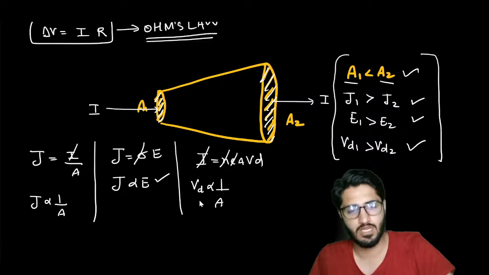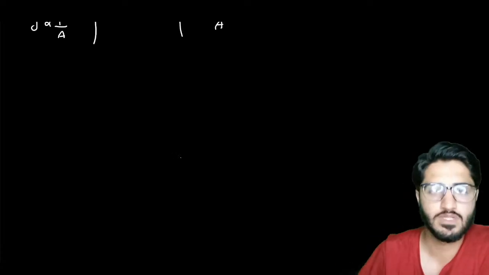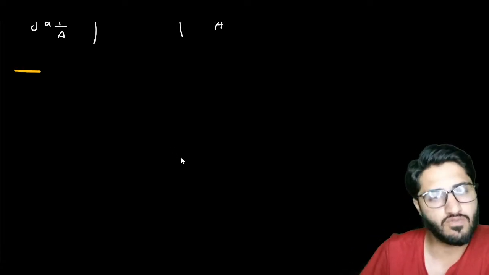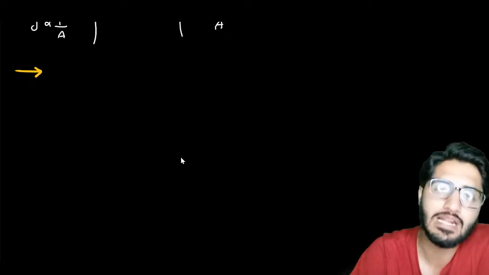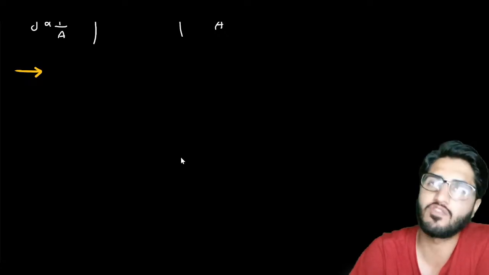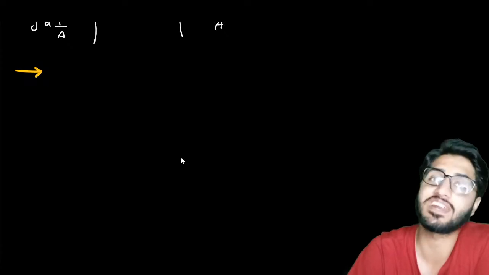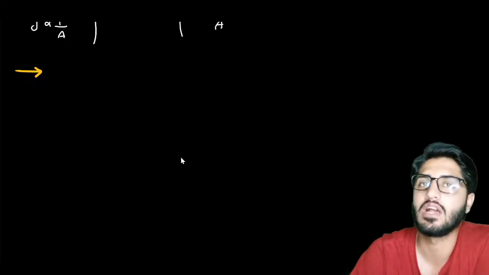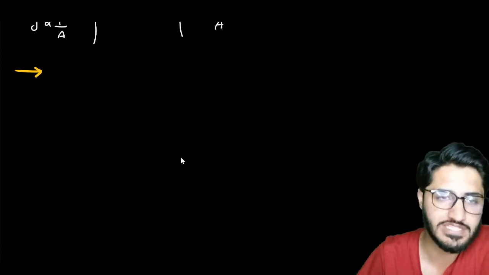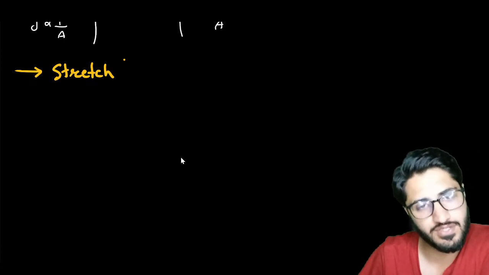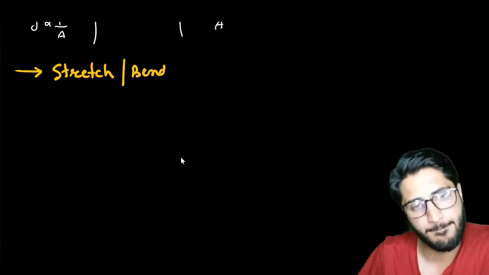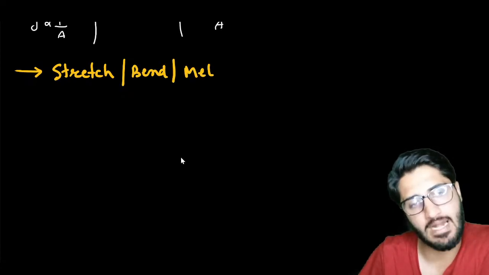Let us do one last part of today's class, then we can end the class. Okay? Suppose in some numericals we find we had a conductor, then we melt it and reshape it, or we bend the conductor, or we stretch the conductor, or we compress the conductor. In all cases, what do we need to do? Stretch, bend, melt.